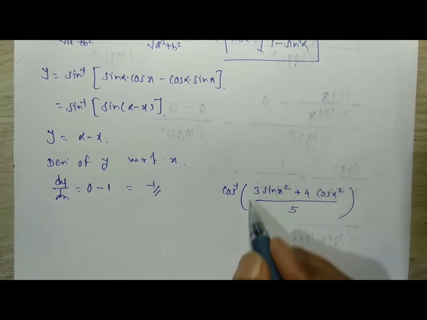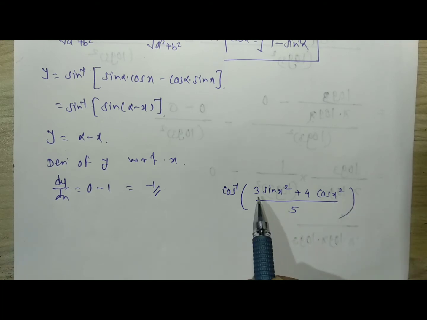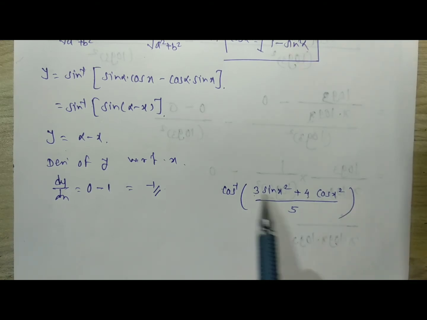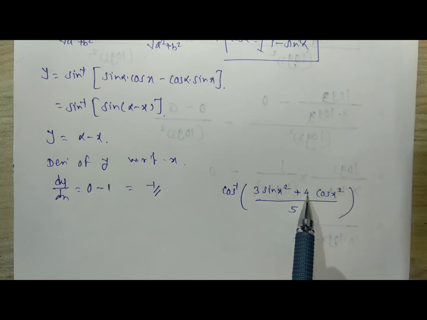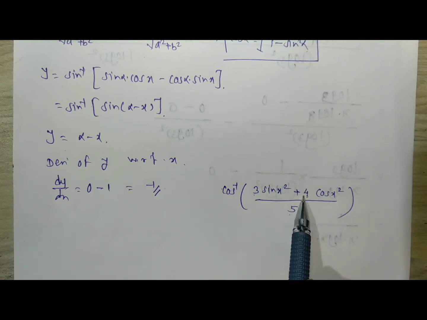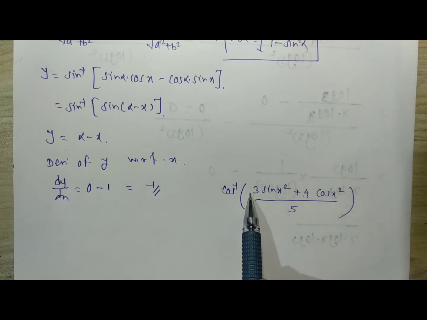At that time you can see that 3 and 4 are there. If you square and add those and take the square root, you will get the value in the denominator. How is it possible? 3 square is 9, 4 square is 16, 16 plus 9 is 25, and the square root of 25 is 5.